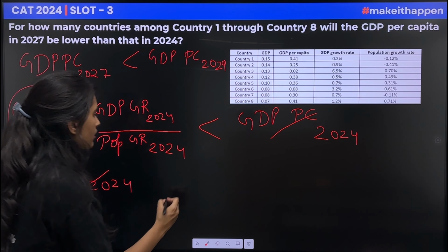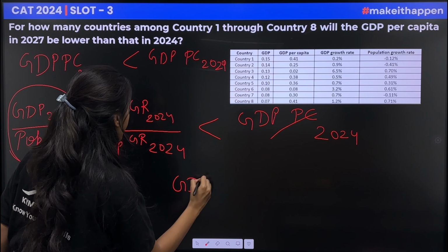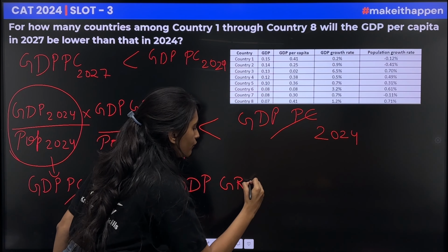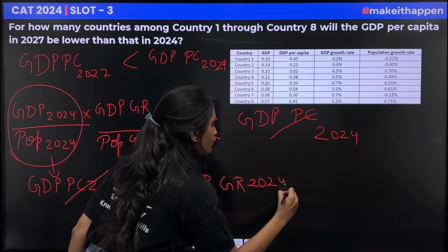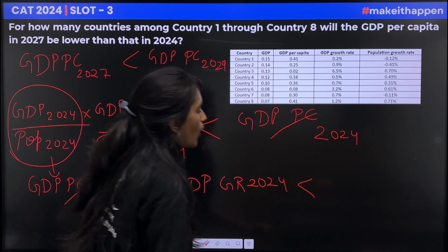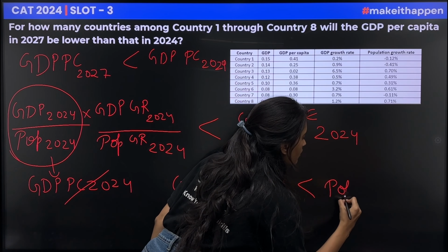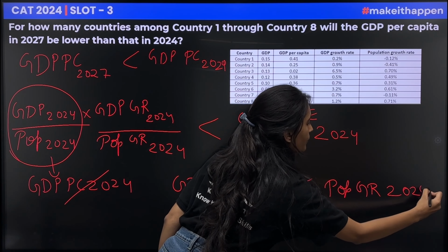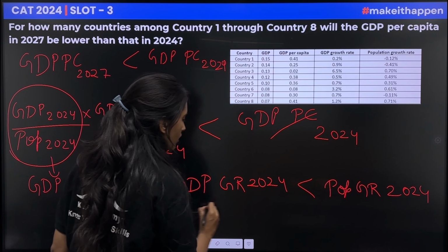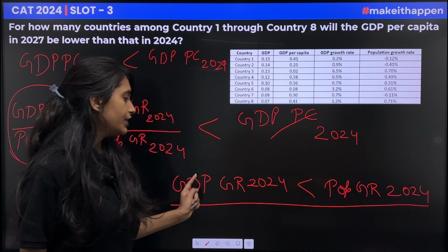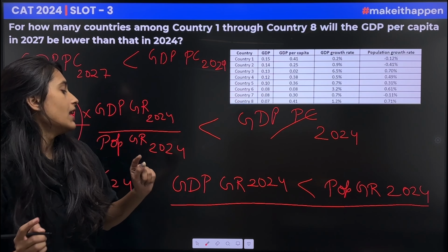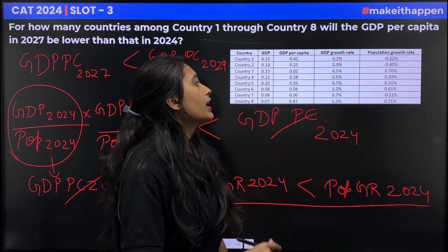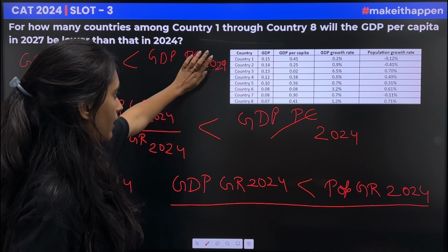So we are left with GDP growth rate of 2024 should be less than the population growth rate of 2024. Now we have to find out the countries whose GDP growth rate is less than the population growth rate in year 2024. Now let's move to the chart again.